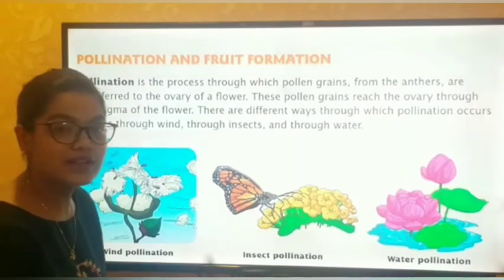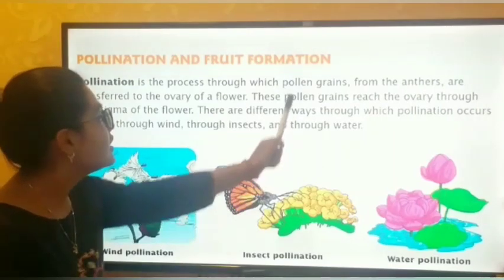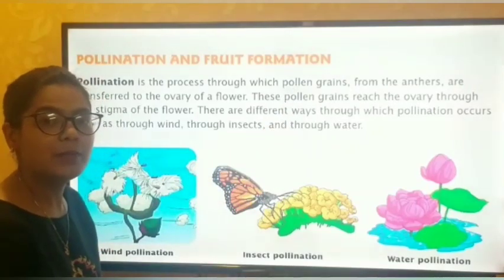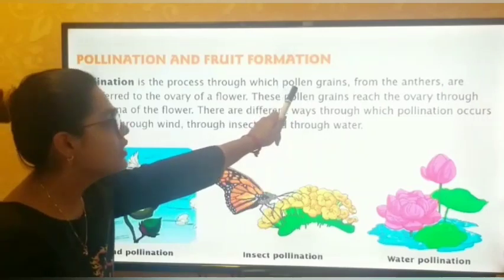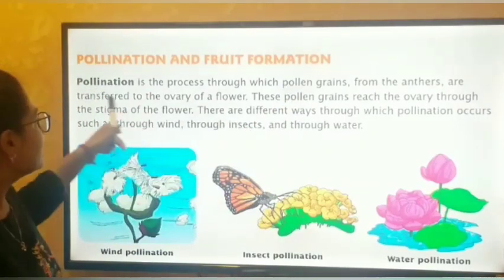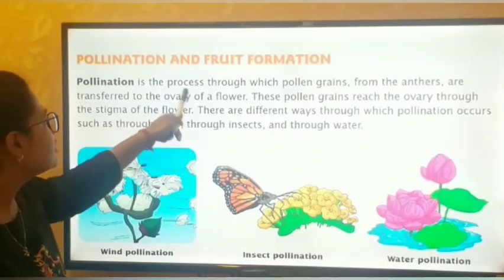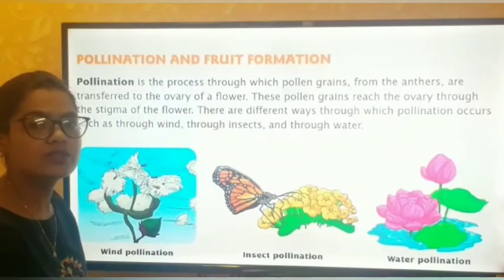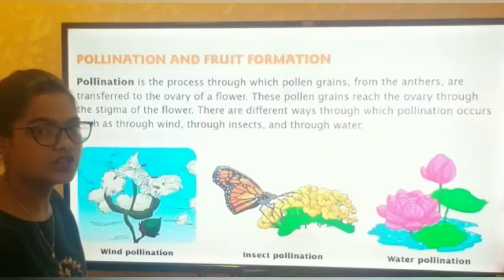Above the anther, these pollen grains are present. By pollination, these pollen grains will move to another flower, and in the other flower they will reach the ovary of that flower. So this whole process is known as pollination.